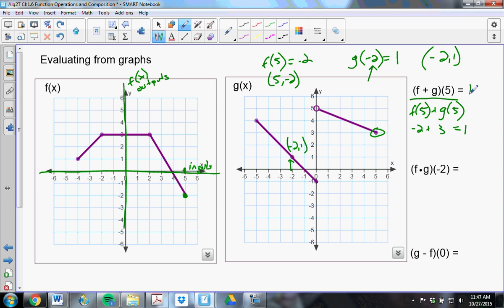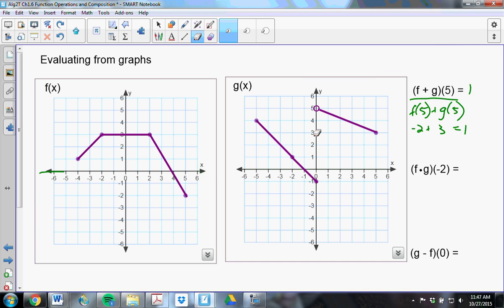If I want to do f times g of negative 2, I'm going to clear all this out now. F times g of negative 2. Well, f of negative 2 is 3. G of negative 2 is 1. So it's 3 times 1 to get 3. And then g minus f of 0. Well, g of 0 is negative 1.